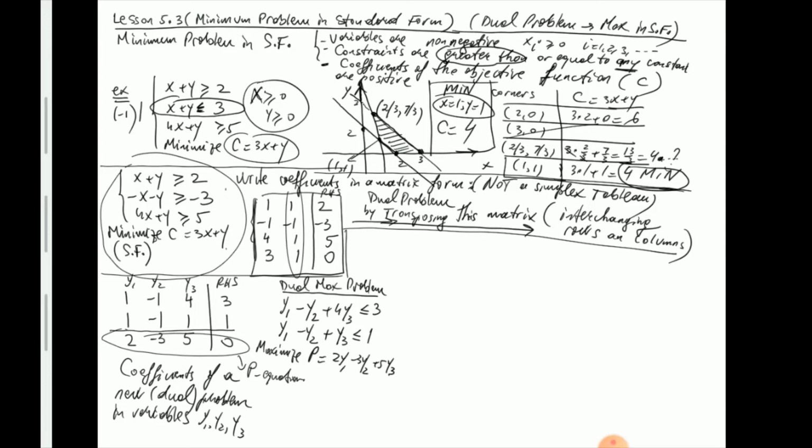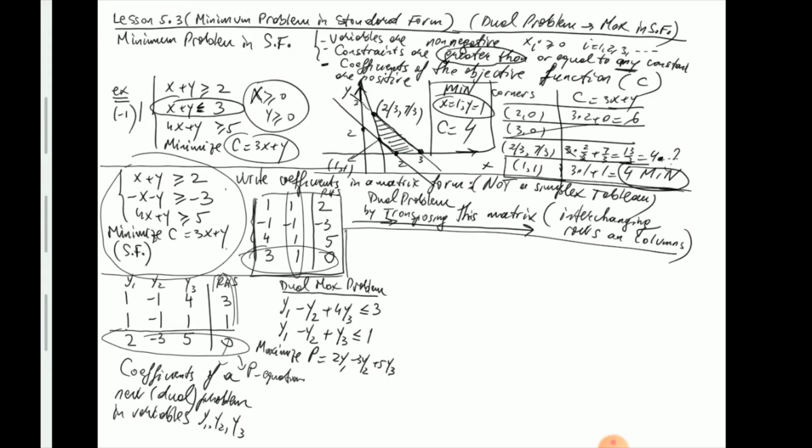So the interpretation of this matrix is that, with the exception of the last column, each column represents one variable, right? Since we started with two variables, x and y, then we have the columns corresponding to those variables. Then we're going to transpose this matrix. And notice that the last row becomes the last column.